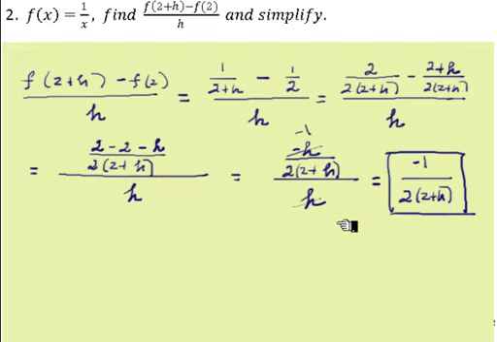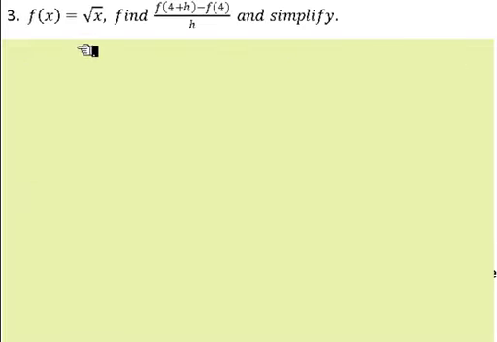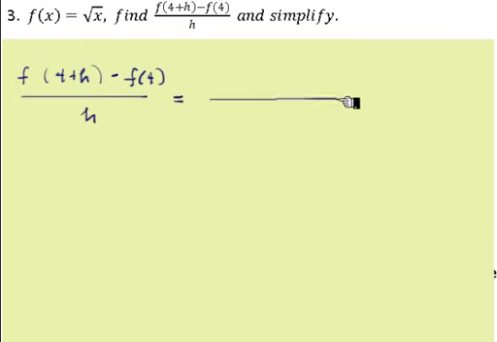In number 3, we have another difference quotient to form, this one involving f of x is equal to the square root of x. All right, so let's form that difference quotient. And we want to form it and then simplify.